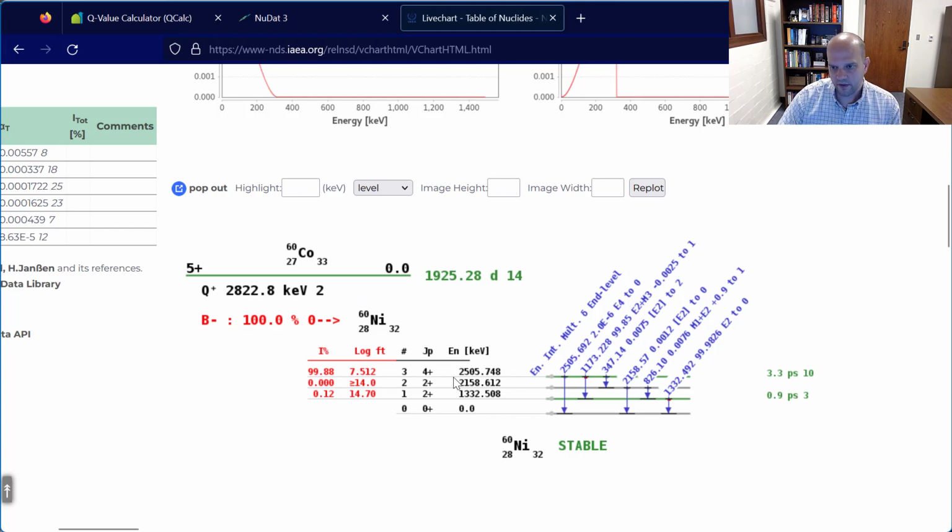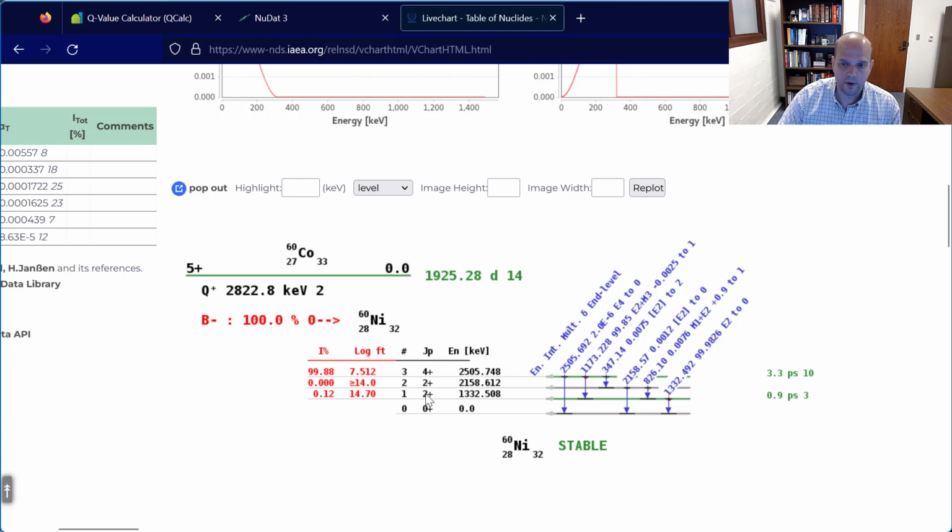But what we see from this energy level diagram here is that eventually, yes, I do get to that ground state of nickel-60. But what you're seeing here is different energy levels of that nickel-60 nucleus. And so what we find is that 99.88% of the time, it actually is not going straight to the ground state.